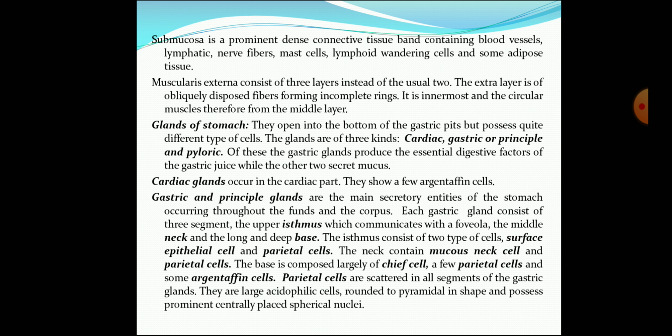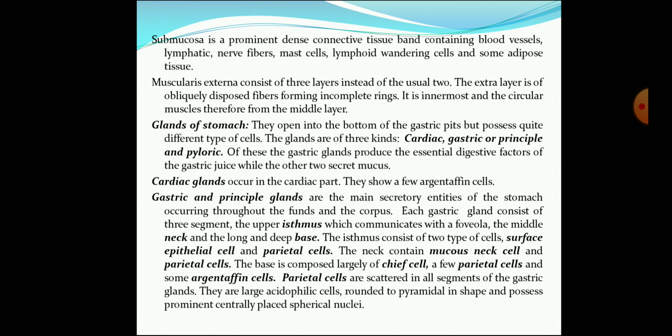The argentaffin cells, also called chromaffin cells, are small and not very numerous. They are located between the basal lamina and chief cells. They contain many mitochondria, a folded nucleus, and small characteristic basal granules which can be stained with silver or chromium salts.